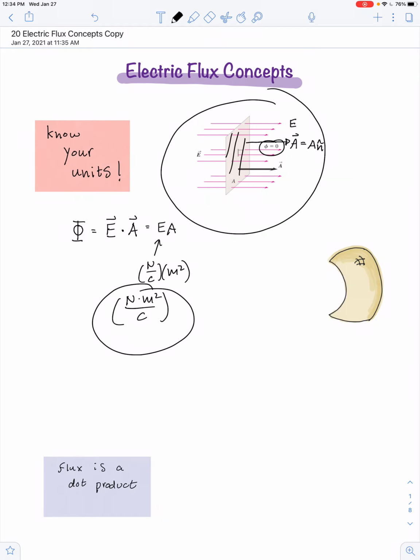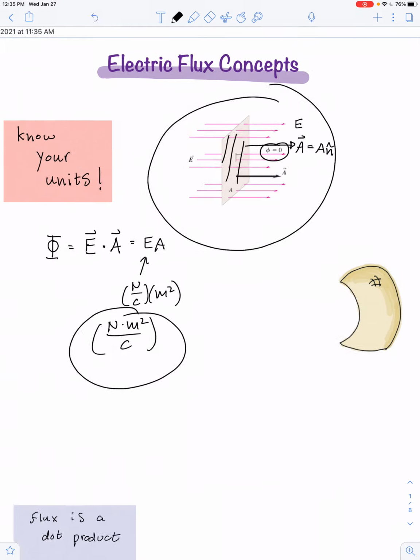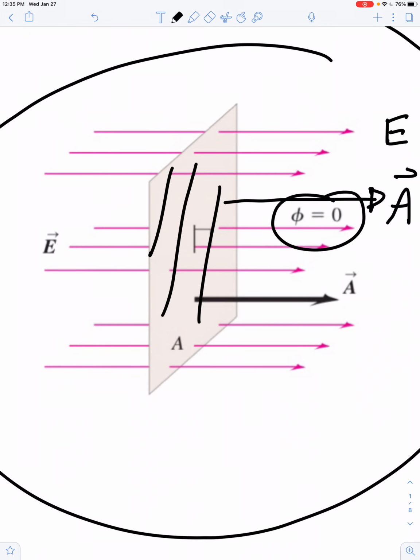By the way, if we just took a tiny little portion of the overall area, then we would refer to that as dA. So really dA is a vector.